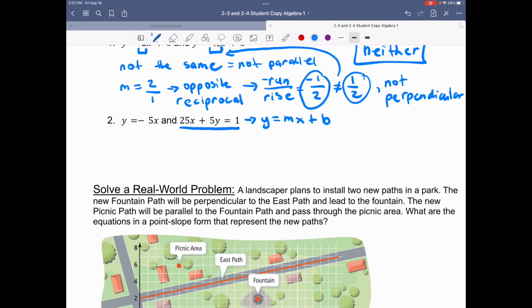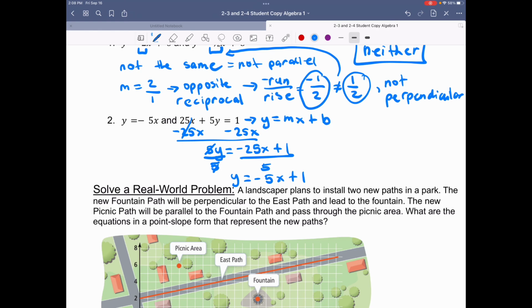Now the first process could be to subtract 25x on both sides. So now we end up with 5y equals minus 25x plus 1. Then the next step is to isolate y, so we divide by 5 on both sides. And now we end up with y equals minus 5x plus 1.